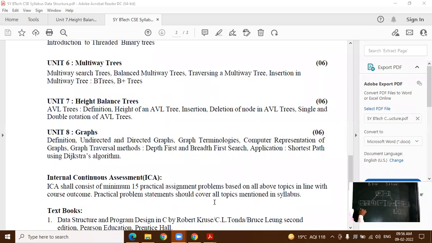Now I'm expecting the in-order of the given tree, after that the pre-order, and the next one is the post-order. What is the in-order of this tree, what is the pre-order, and what is the post-order?